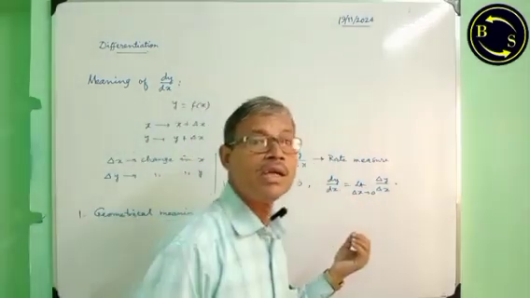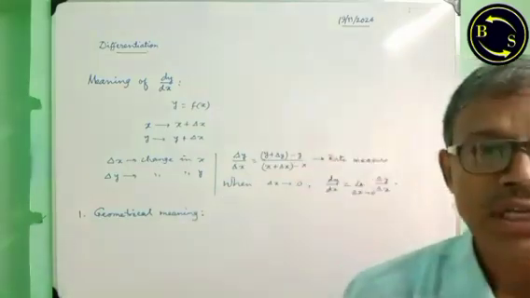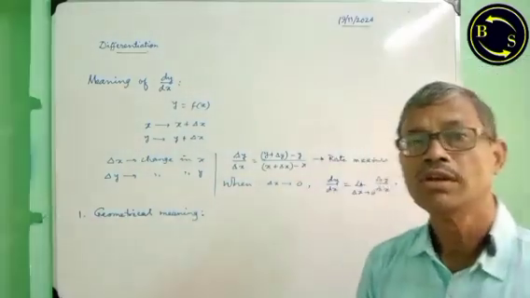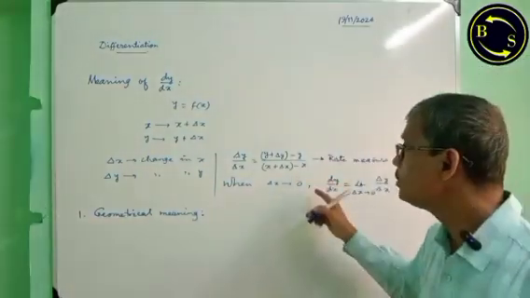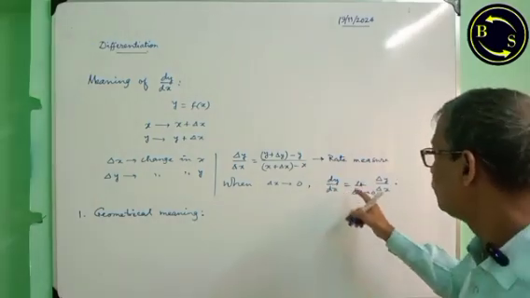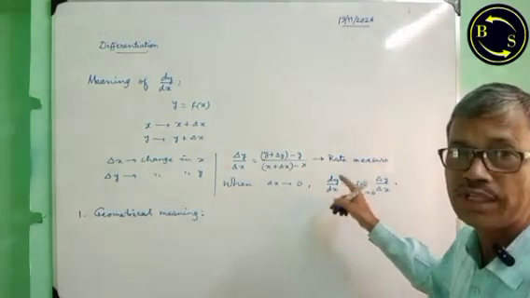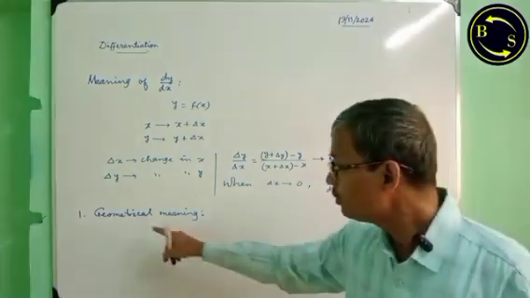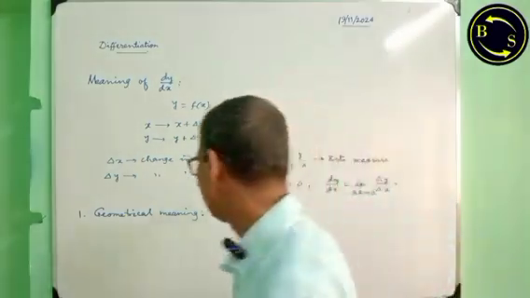Since the change in the independent variable is very small, we call this the instantaneous change. This is the rate measurer or rate measure. Then we consider the geometrical meaning.